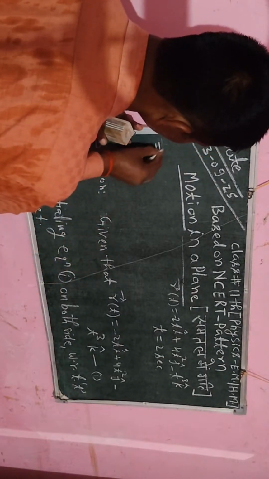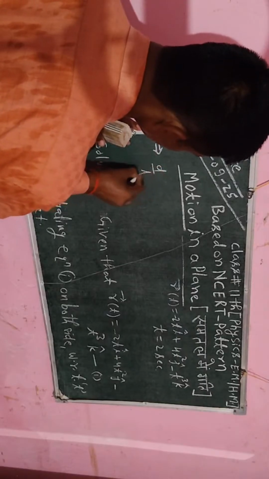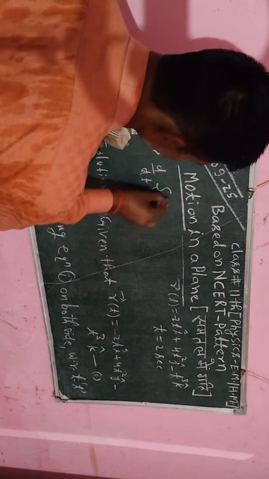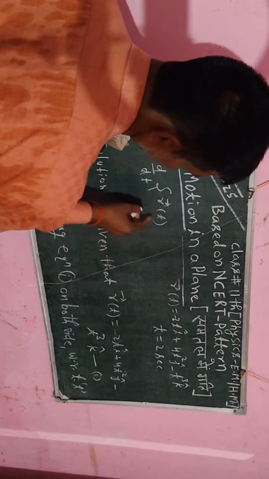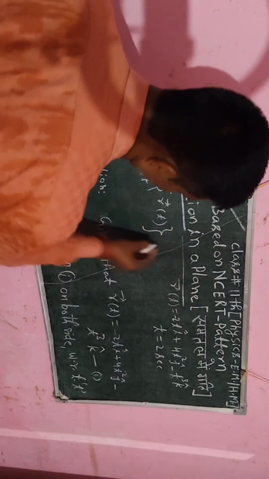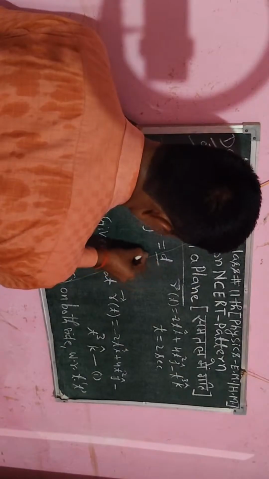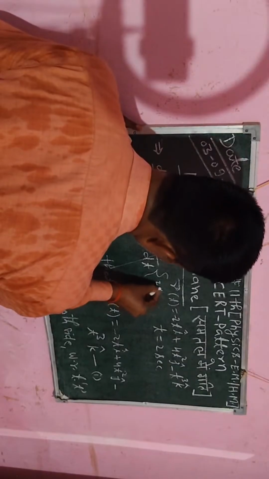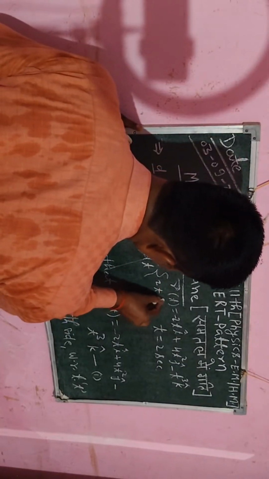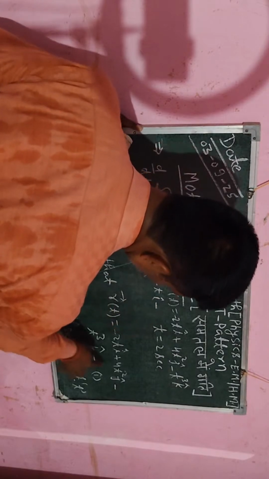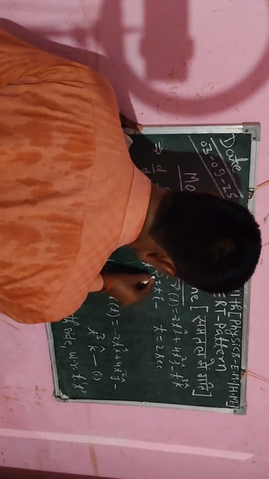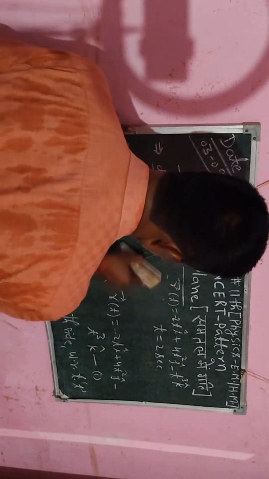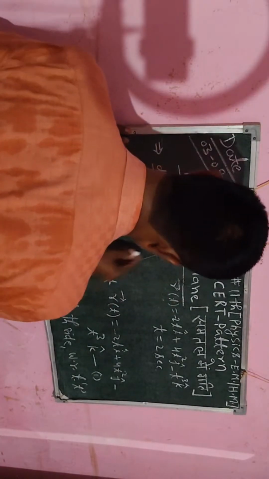So here I will write it implies that d upon dt of vector r of t, in a curly bracket, and on the right hand side d upon dt of, in the bracket, 2t into vector i cap, and here plus 4. Since there is no space here, I will erase it, or write it downside.